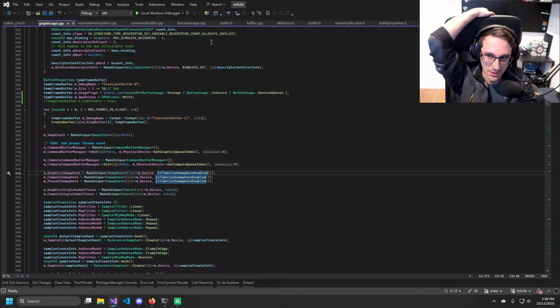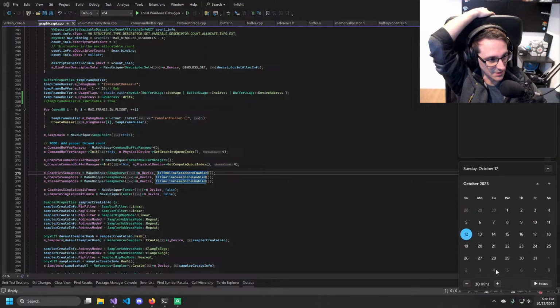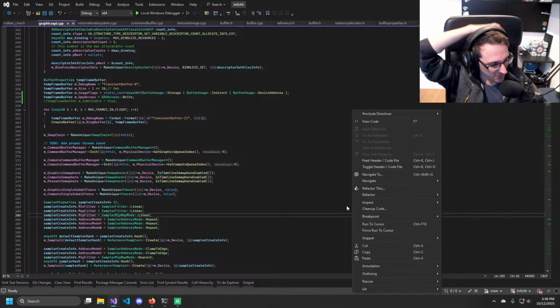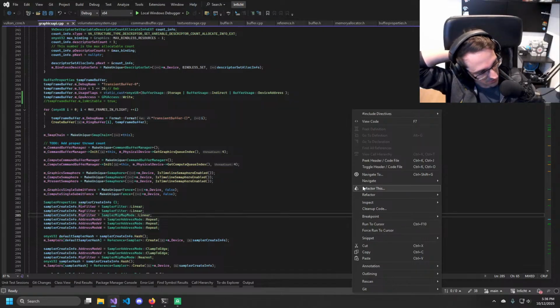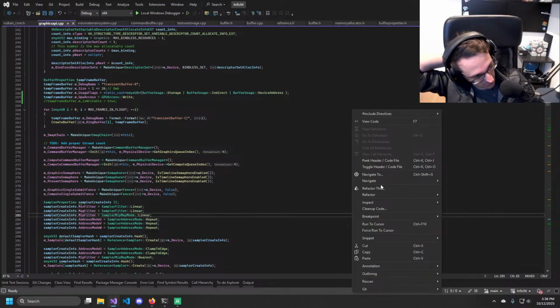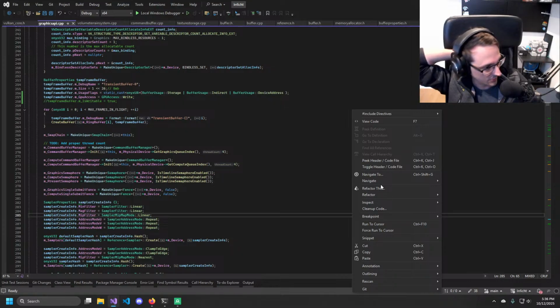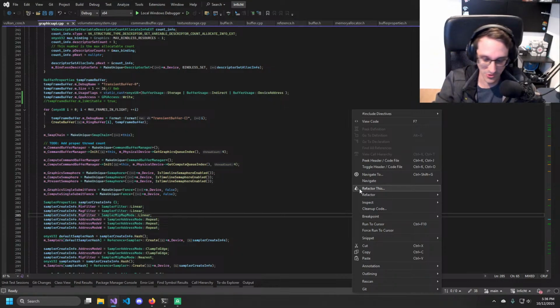Let's see. And the plan is to get the terrain finished in October. It will be tight, but I hope to finish it so that we can get 0.4 of the engine out end of October. And then we need to move on to 0.5, which is a lot of bug fixing and polishing.